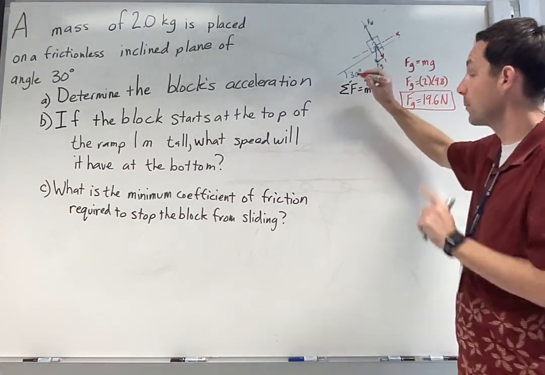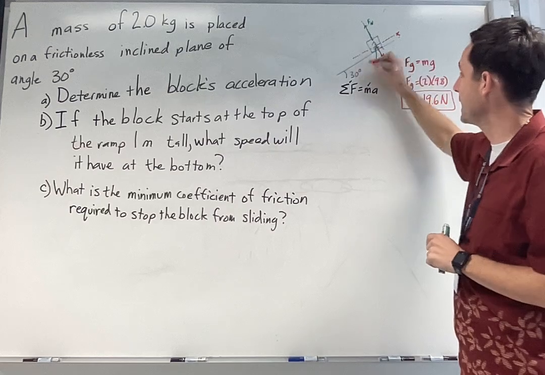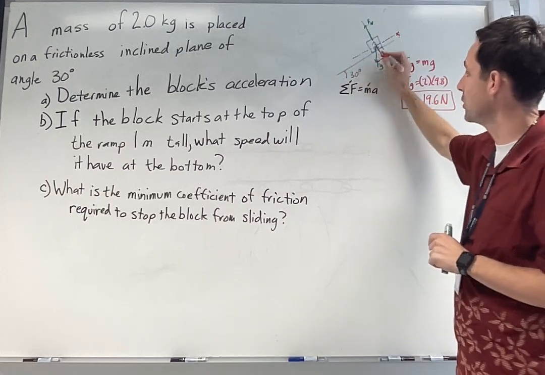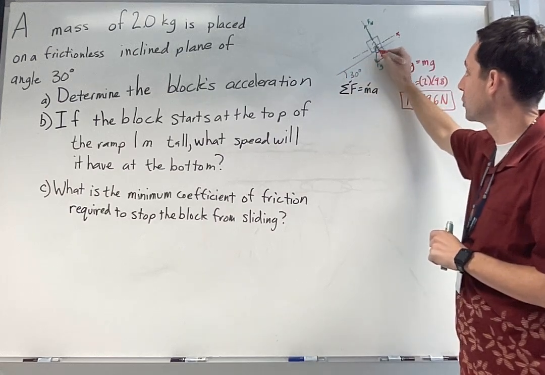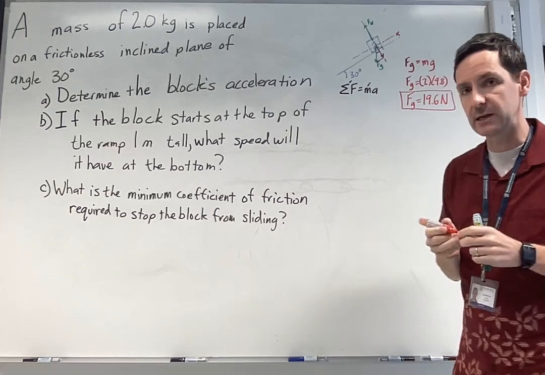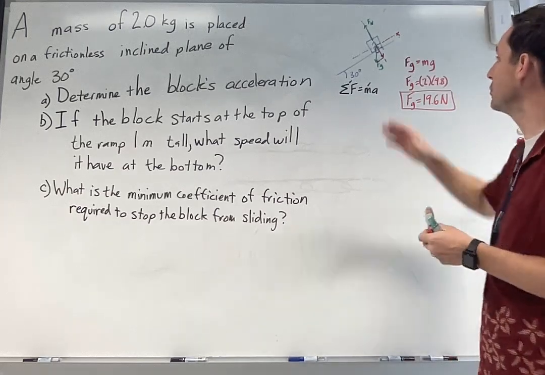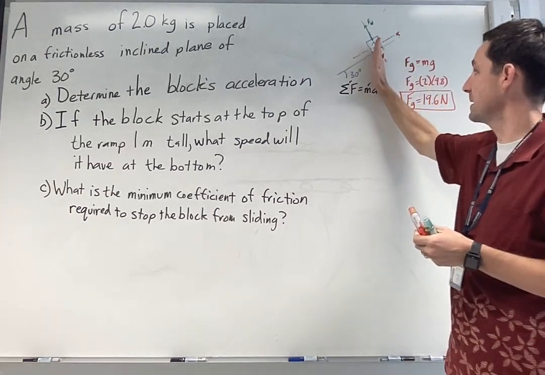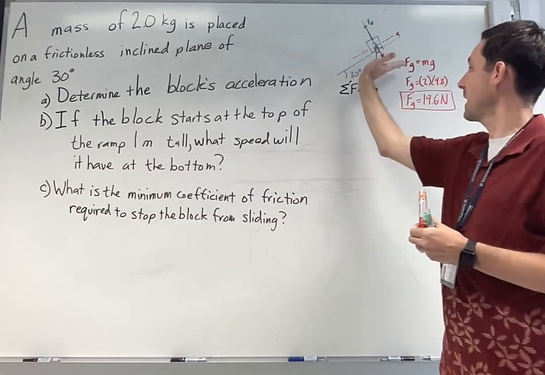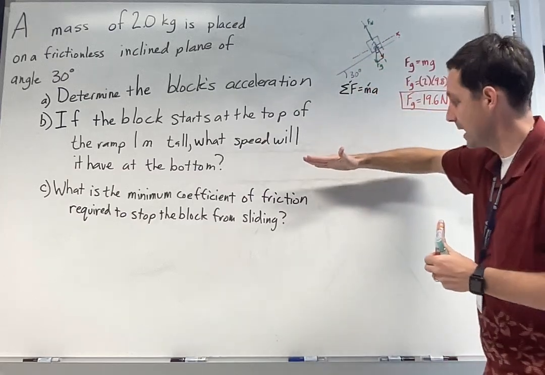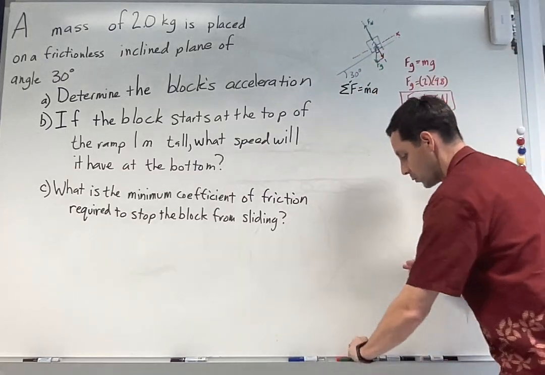We're going to now, remember we talked about in class that if the ramp has an angle of 30 degrees, then this angle right here is also 30 degrees. Why? Because the y-axis used to be straight down, and as we take the x-axis, which was horizontal, and tilt it this way, right?